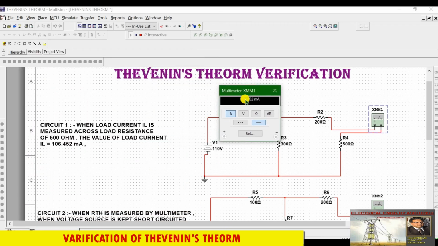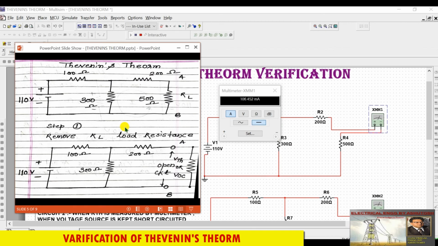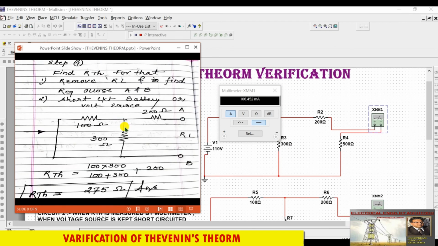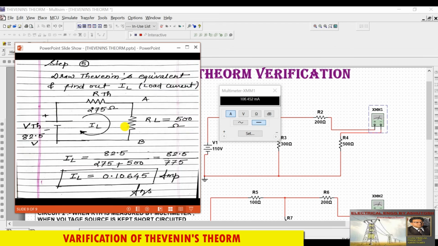You will see load current IL, this is the load current IL, 0.10645 ampere, and both are the same. Whether you write 106.452 milliampere or IL equal to 0.10645 ampere, theoretically and practically the readings of load current are the same.